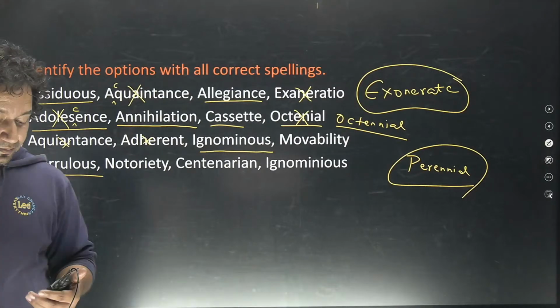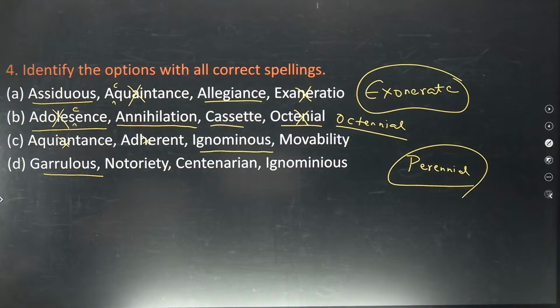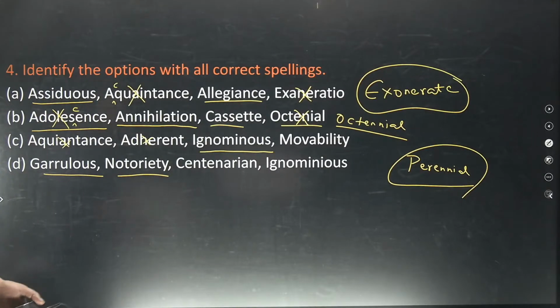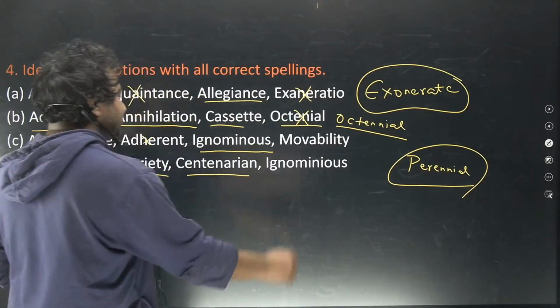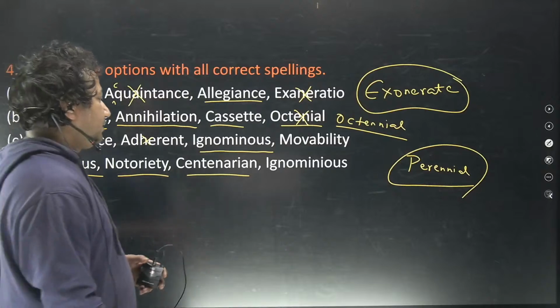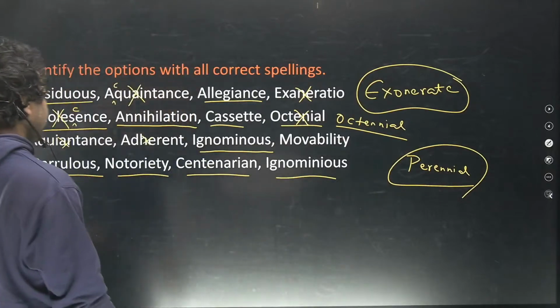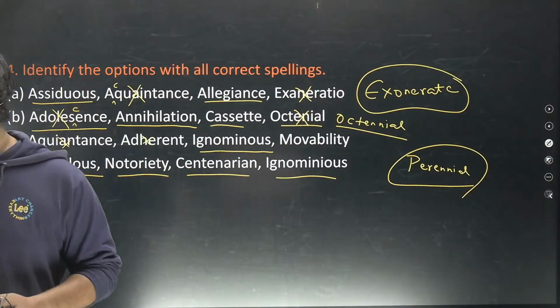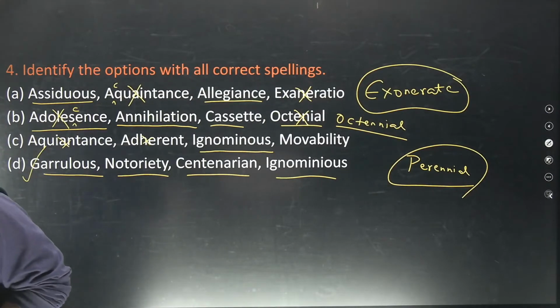So the people, because they have a habit of talking a lot, basically go on to say things about them which might not even be true at times. That is garrulous. Notoriety, notorious, notoriety. Centenarian, someone who has crossed the age of 100. Ignominious, I just told you. So D is the correct answer over here. I think all of you got it correct.